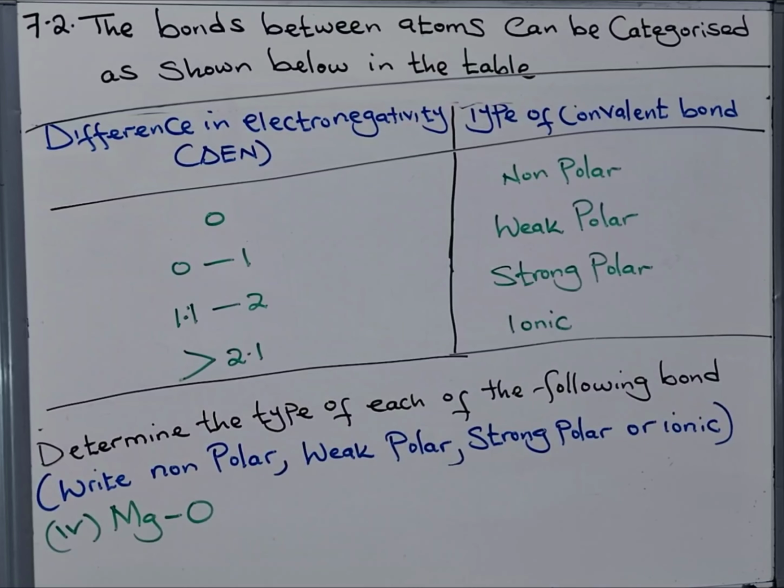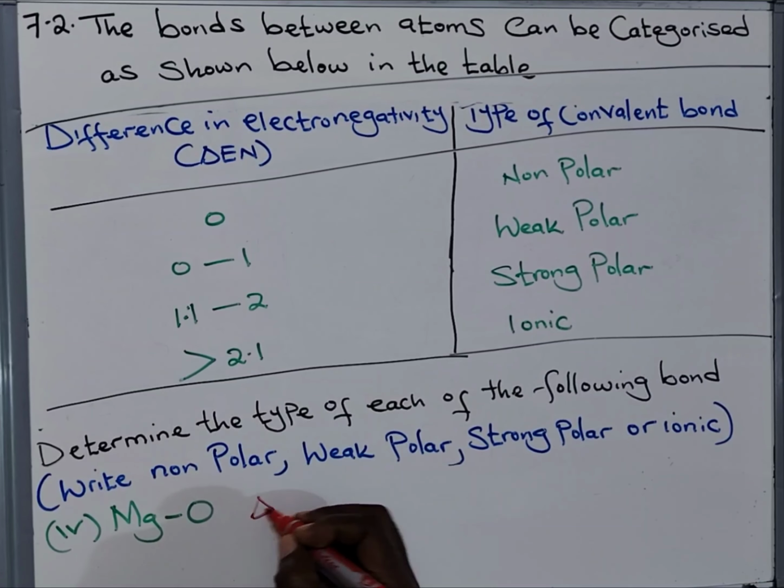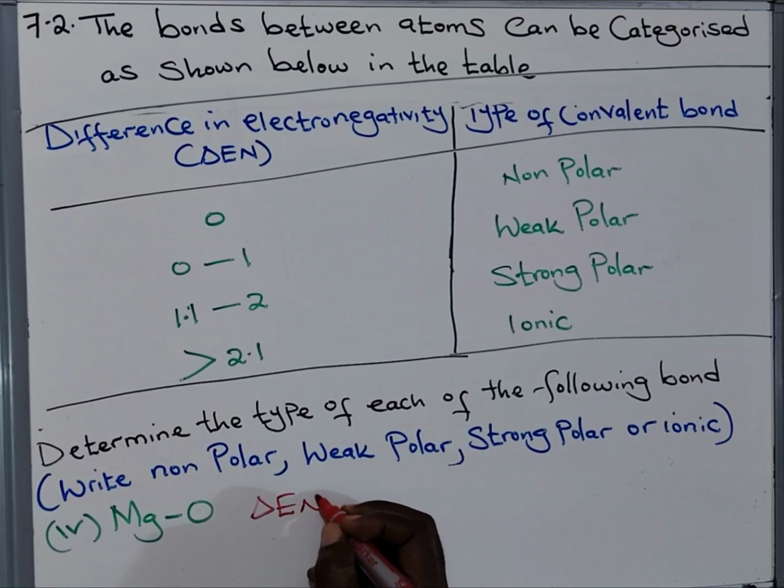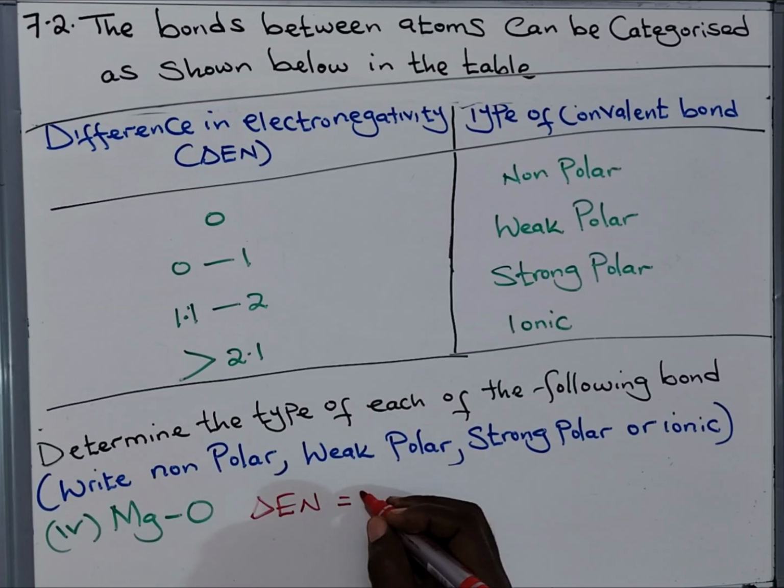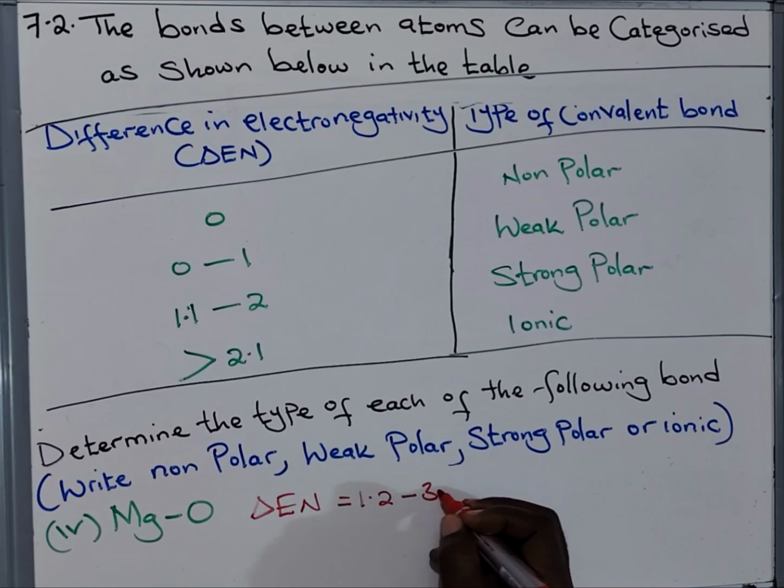Next one is between magnesium and oxygen. When you find the electronegativity difference, for magnesium, it's 1.2, minus 3.5 for oxygen.